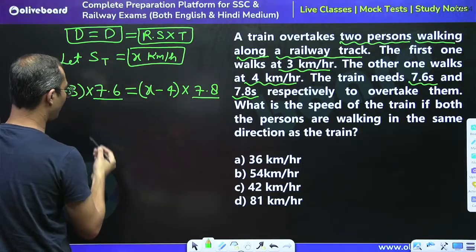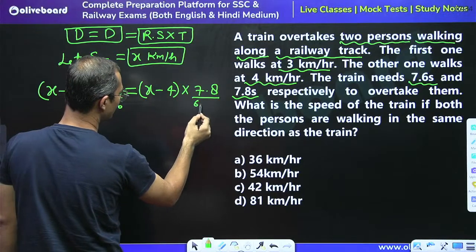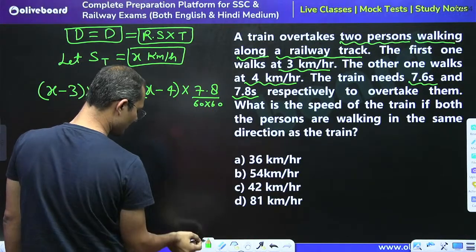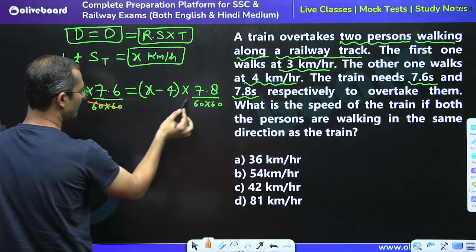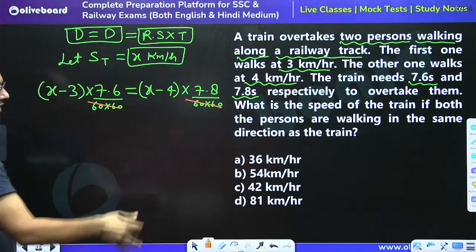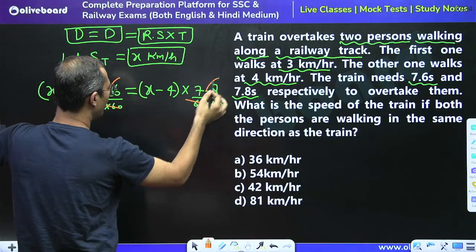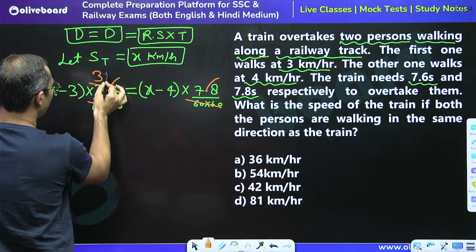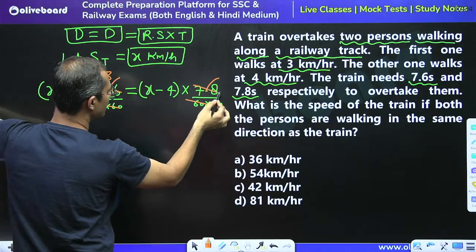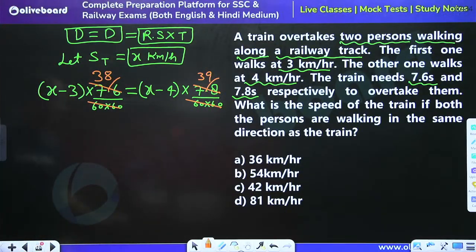Dividing by 60 into 60, that will be cancelled because they are equal on both sides. The point is also cancelled, and by 2 this becomes 38, and by 2 this becomes 39.